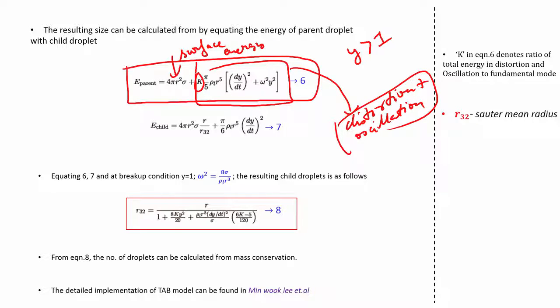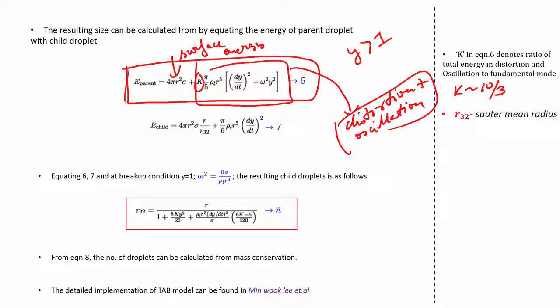K is basically the ratio of distortion and oscillation in the fundamental. Once again, we are only concerned with one mode, and that is the fundamental mode. K gives you a value of around 10 by 3 if you consider this.